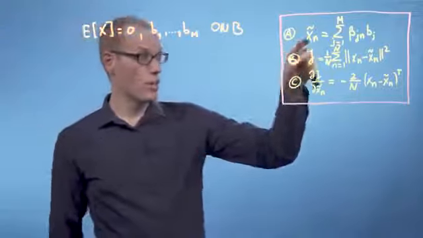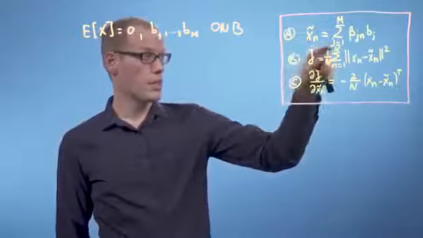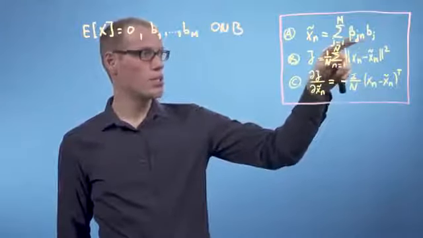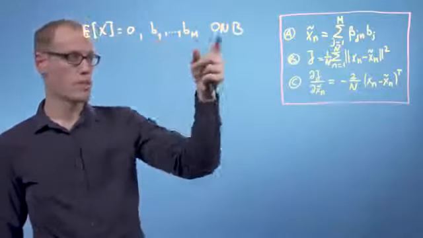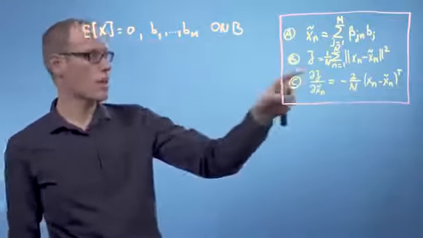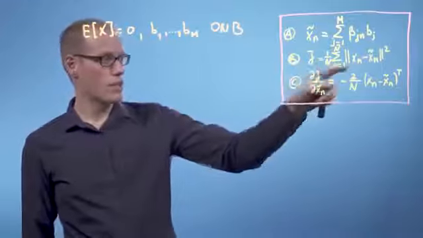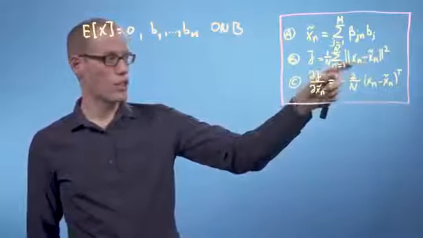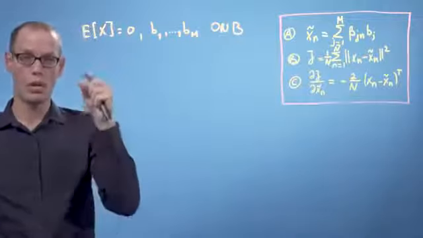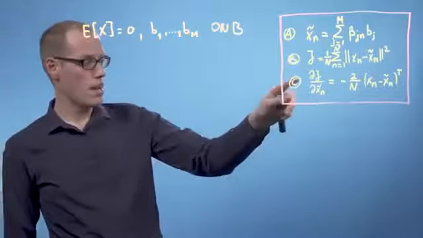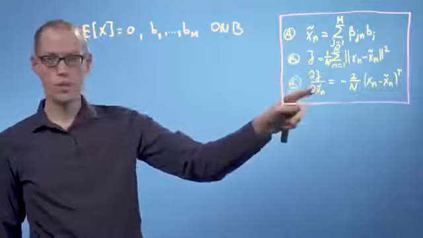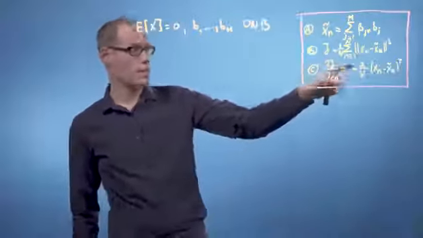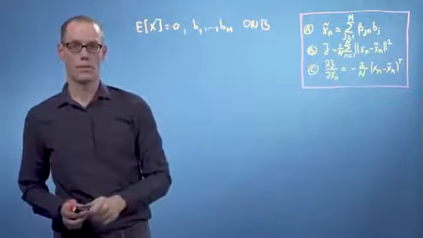From the previous video, we carry over the following results. First, we can write our projected data point x̃_n as a linear combination β_jn times b_j, where b_j form the orthonormal basis of our subspace. Our loss function is the average squared reconstruction error between our original data point and the projection. And the partial derivative of our loss function with respect to x̃_n is given by this expression.